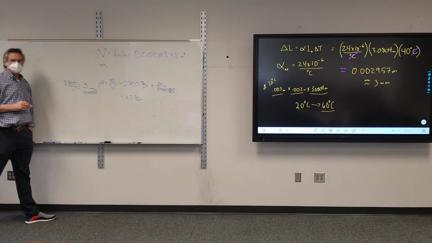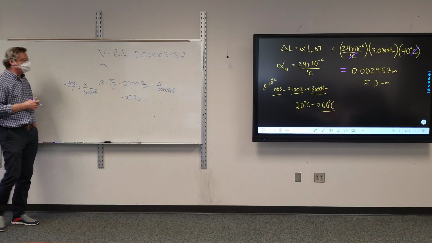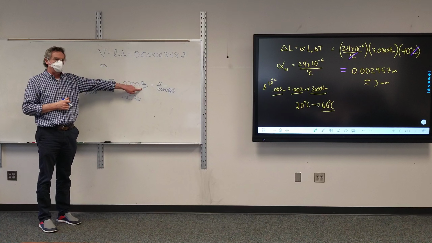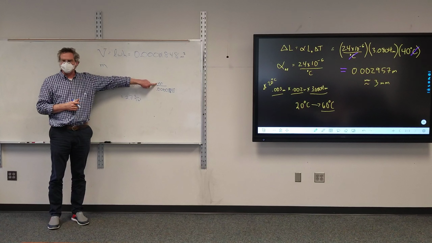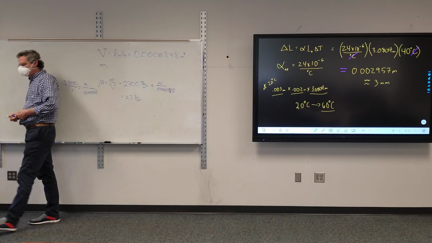That's the math problem. And with overuse of the letter M, do recognize that this M right here and this M right here are not the same. This is mass and this is meters.